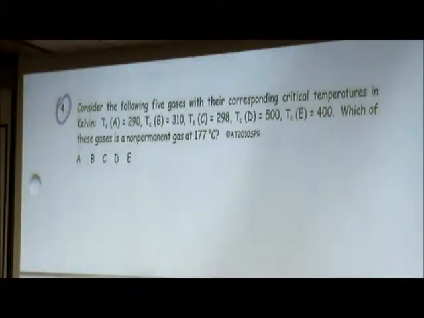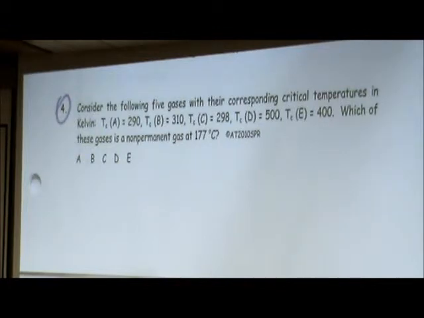You have to be careful because the critical temperatures of the gases are given in Kelvin, and you want to figure out which is a non-permanent gas. A permanent gas is one where the temperature we are talking about is above its critical temperature. The non-permanent is when the temperature you're talking about is below its critical temperature. So that gas will have a higher critical temperature, right?